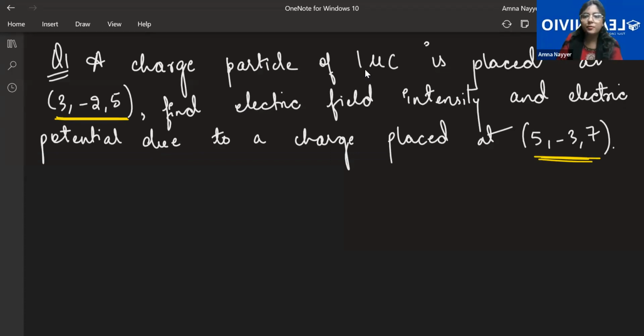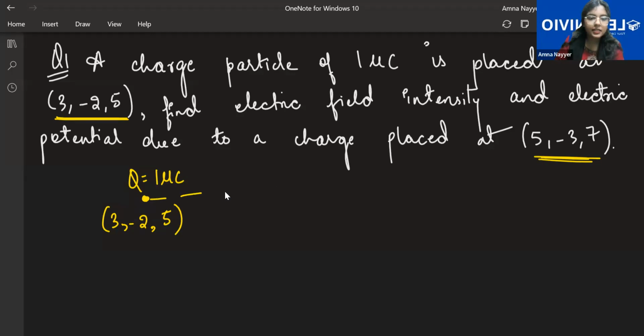Okay. A charged particle of 1 microcoulomb. Let's say this is the charge, which is Q, whose value is 1 microcoulomb. This is placed at 3, -2, 5. Then it is saying calculate the electric potential and electric field intensity due to a charge placed at 5, -3, 7.